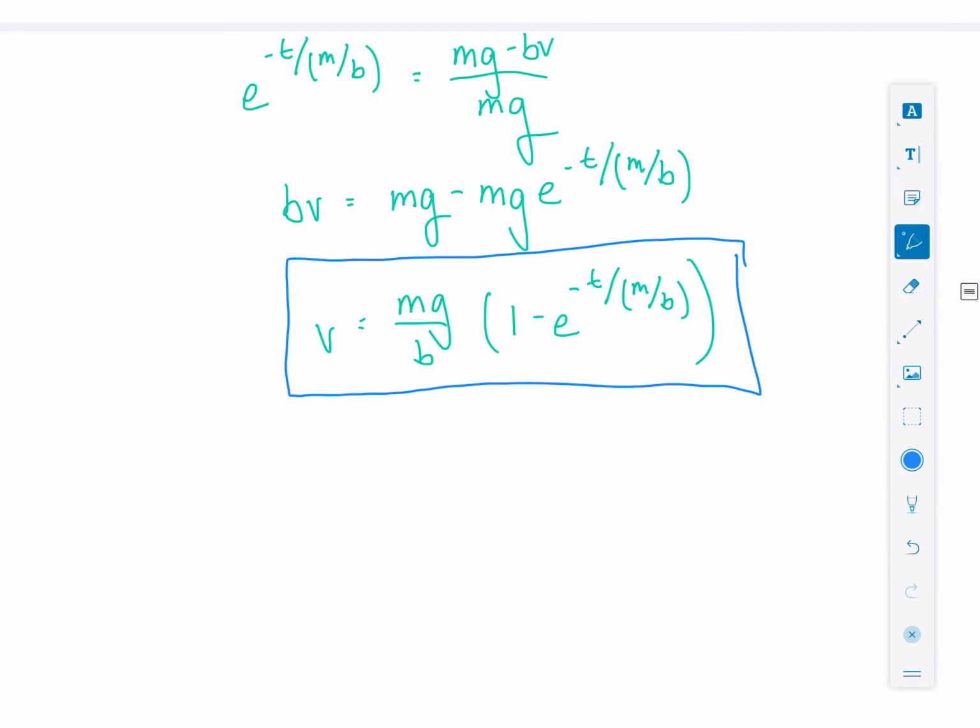Things you should notice. Let's look at 1 minus e to the negative t over m over b. That's always going to range between 0 and 1. The max speed we're going to have is when that equals 1. So the speed max is going to be mg over b, which is what we talked about earlier. So this is my v max.